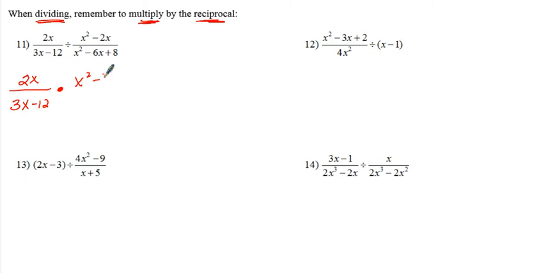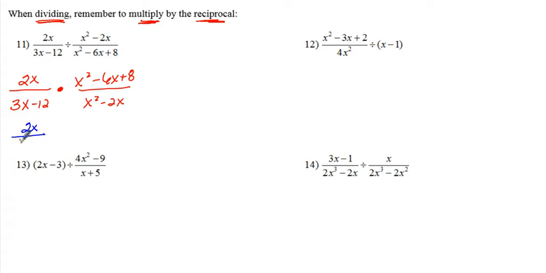x squared minus 6x plus 8, and then x squared minus 2x goes to the bottom. Now that we've got a multiplication problem, we do what we did on the last page. We factor and cancel. So this one on the left here, nothing to do there.